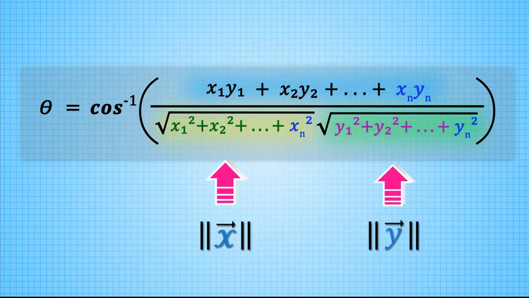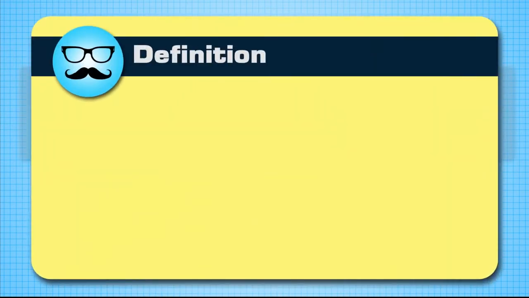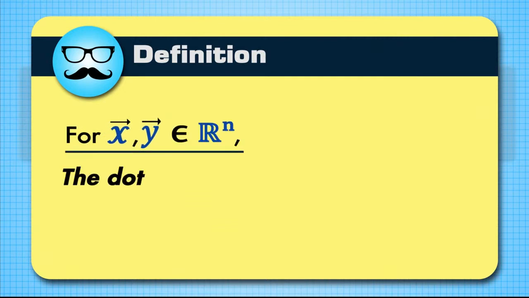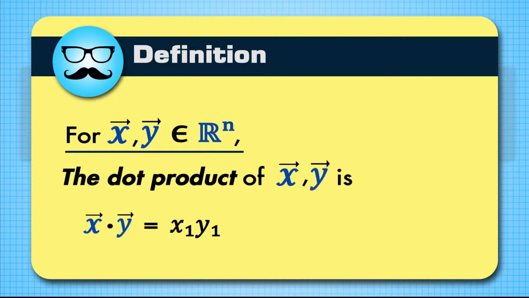We can also give the numerator a formal name. Definition. For x and y in Rn, the dot product of x and y is x1 y1 plus x2 y2 up to xn yn.